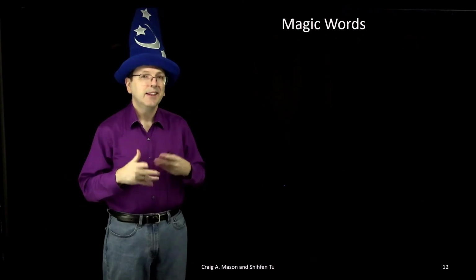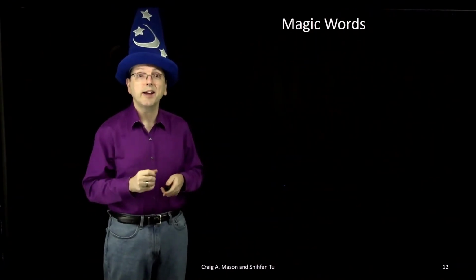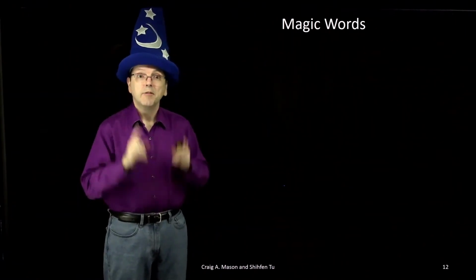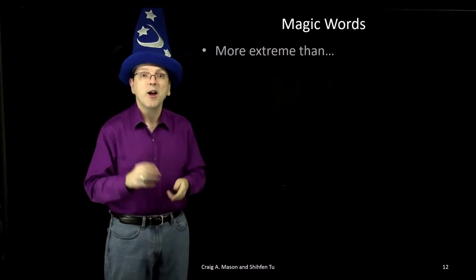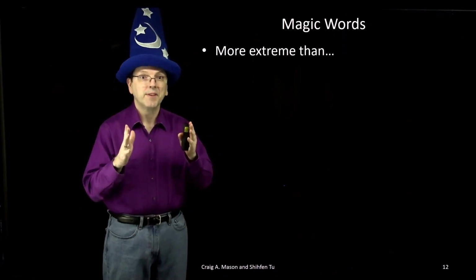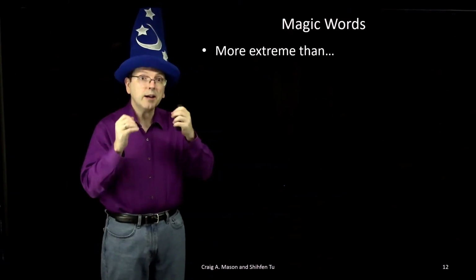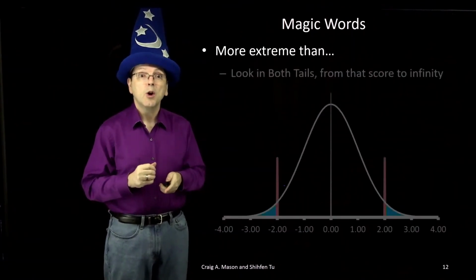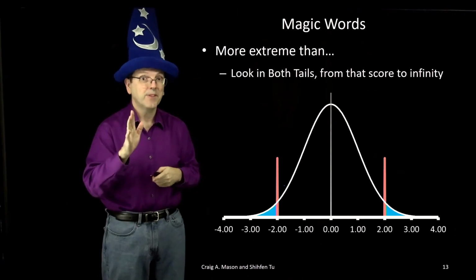Now, the next one's a little more subtle, and it really comes down to recognizing exactly what the question's getting at. For us, the magic words are more extreme. For our class, when we talk about anything being more extreme than a given score, we're talking about both tails, okay?